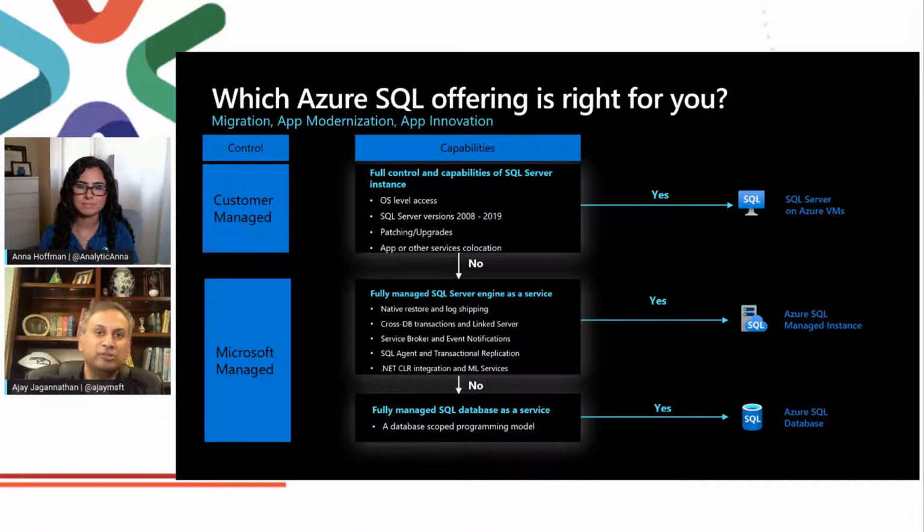So these are the different choices, and then you can dial up and down between different tiers, such as General Purpose, Hyperscale, Business Critical, as well as pick different storage and compute sizes depending on your workload requirements. So this is high-level guidance, and then we will later talk about some tools we are making available to help customers simplify their decision making.